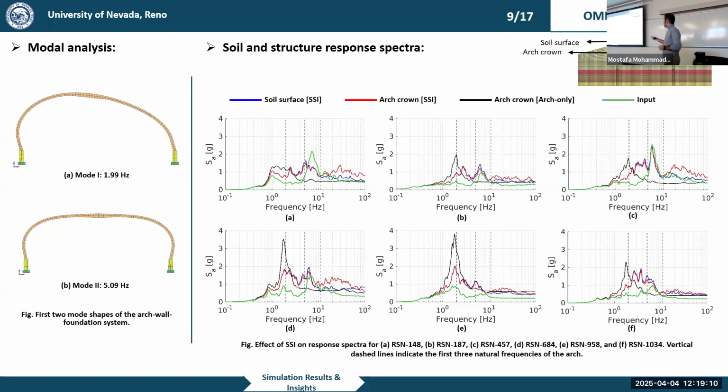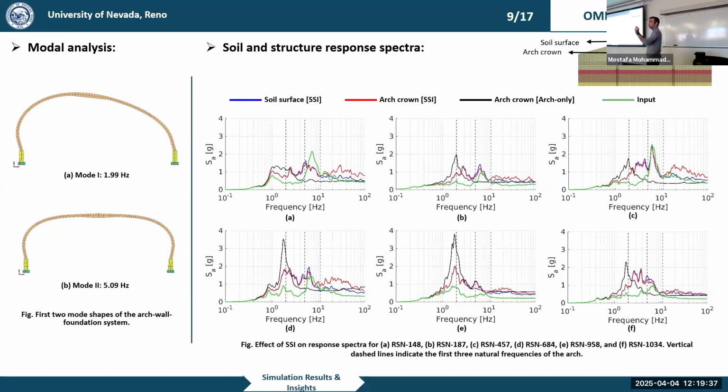On the right-hand side, we are going to compare some structural response spectra and soil response spectra. I'm going to give you some information about that. The soil surface that I'm mentioning here is a point on top of my structure at the surface of the soil. The arch crown that you're seeing in red is a node I specified at the very top of the arch.